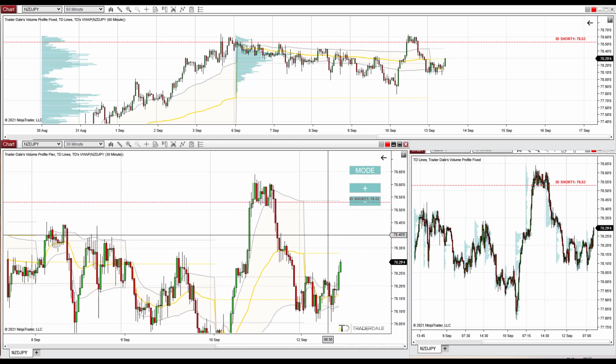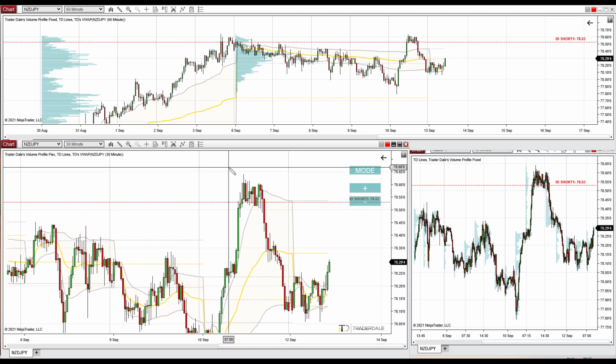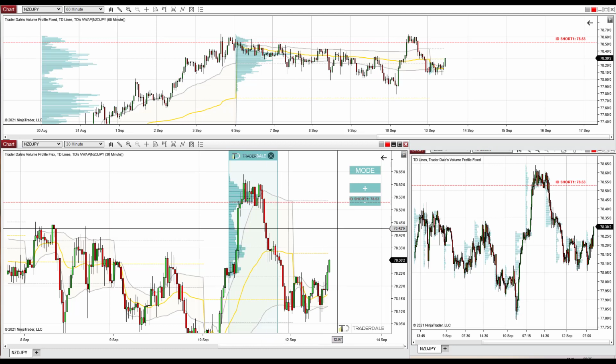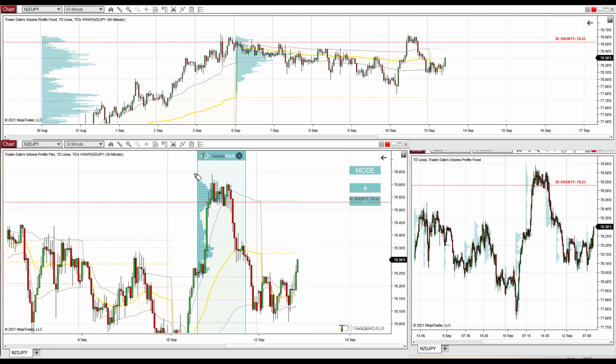There's also the rejection setup based on the strong rejection of higher prices, and as you can see, the volume profile shows a heavy volume area in here, a significant volume cluster within this rejection, right? So this is where the heavy volume cluster begins at 78.53, and this is where I expect the reaction to happen. The logic is the same as in the previous case.